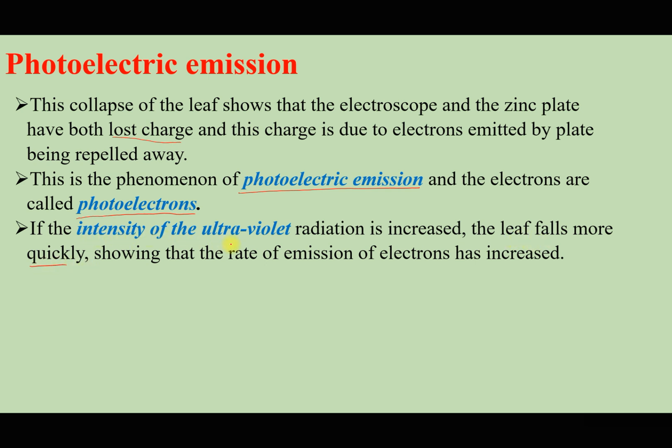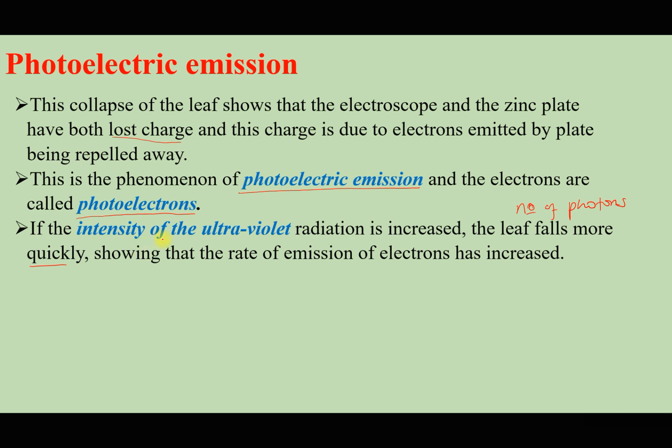Remember, increasing the intensity is not equivalent to increasing the brightness; increasing the intensity simply refers to increasing the number of photons incident on the zinc plate. Increasing the number of photons incident on the zinc plate makes more electrons be ejected, so increasing the intensity of ultraviolet radiation increases the rate at which electrons are ejected from the metal surface.